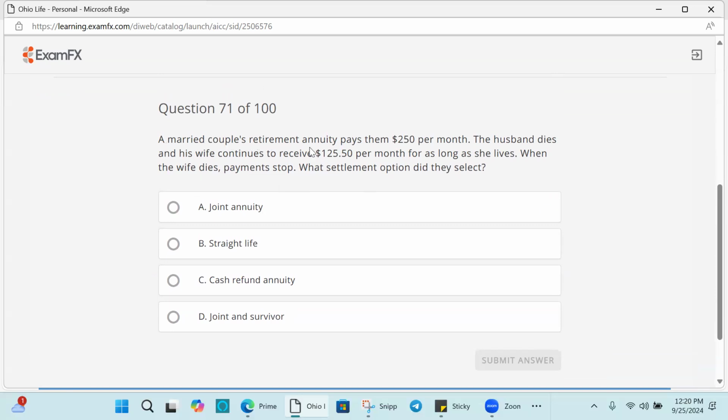A married couple's retirement annuity pays them $250 per month. When the husband dies, his wife continues to receive $125.50 per month for as long as she lives. When the wife dies, payments stop. What settlement option did they select? Joint and survivor.